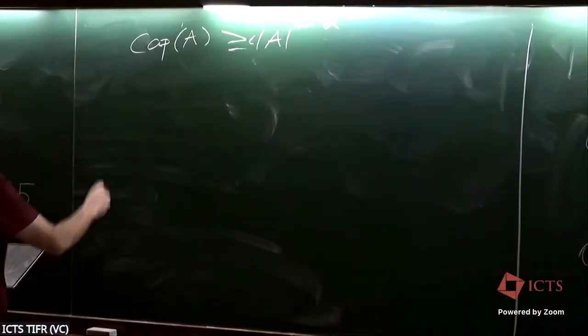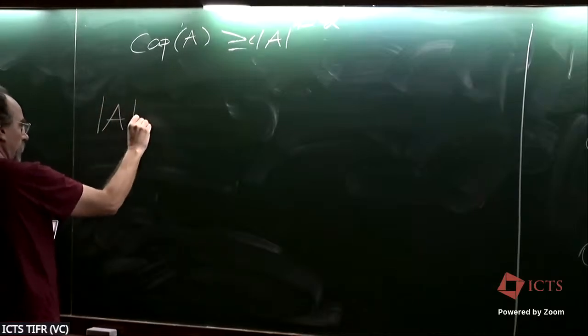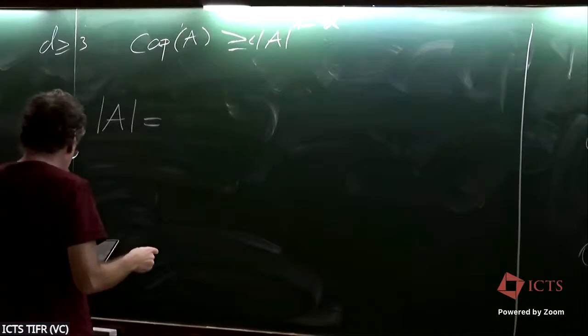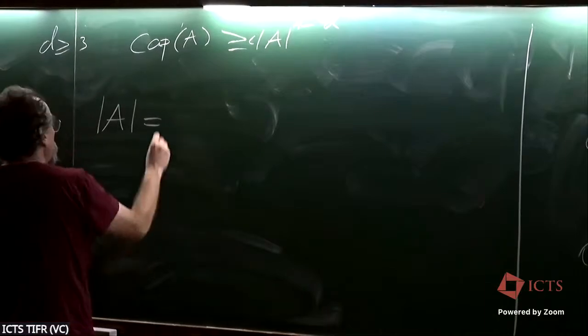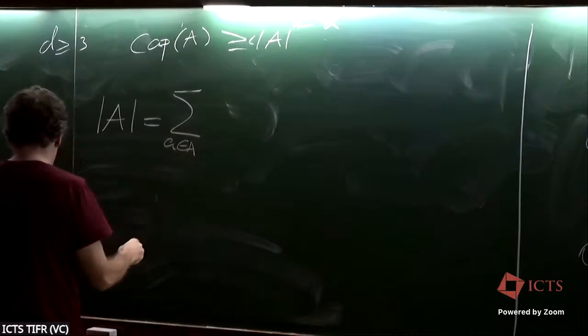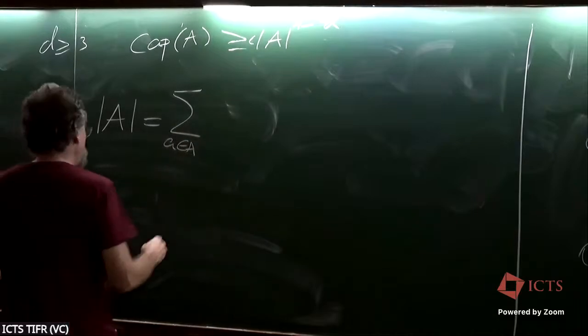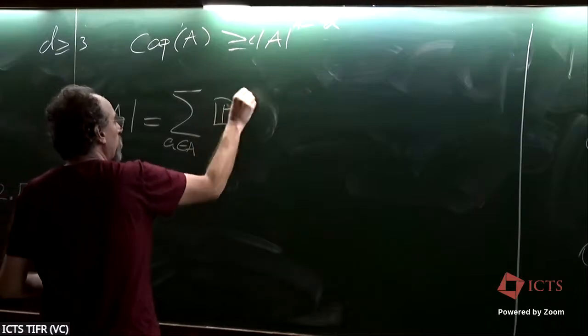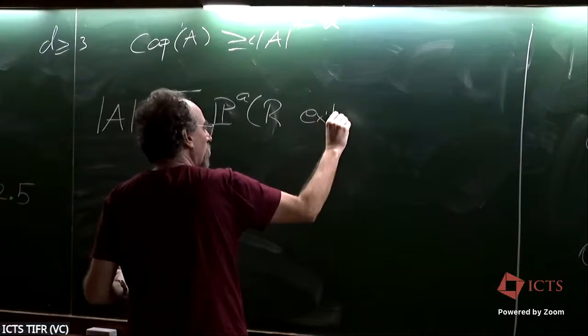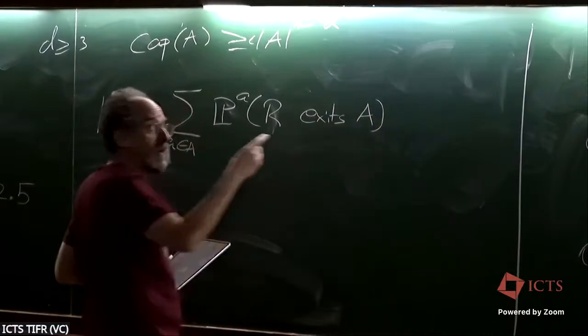Well, I think you will all agree that for D bigger than 3, the capacity of A is equal to the sum over all points of the probability that the walk exits A. Now, I'm not talking about escaping here, but about exiting.